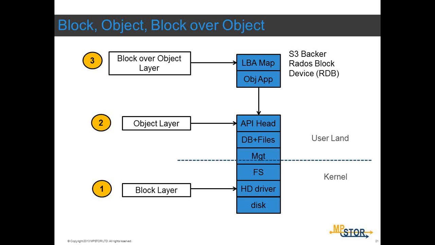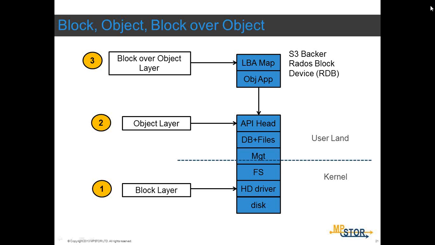But again, if we access or create a block device at that point 3, we have quite a lot of overhead, much more overhead than if we just directly attacked our interface with the block device at layer number 1.